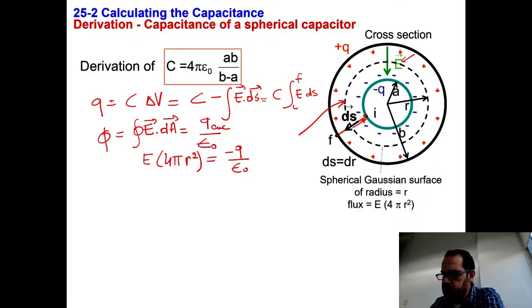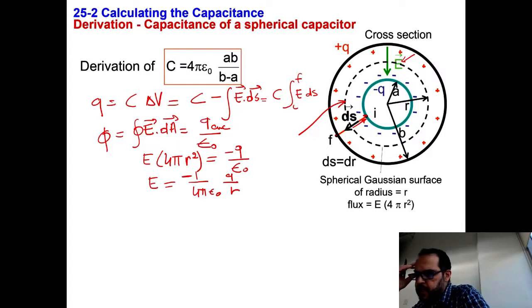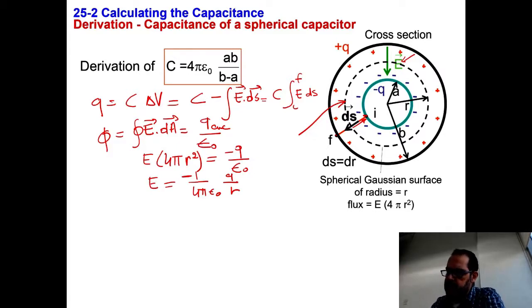The charge enclosed in this case is minus Q divided by epsilon 0. So the electric field is equal to 1 over 4 pi epsilon 0, Q over r squared, and we have a minus sign in this case. Let's make sure that everything is correct.